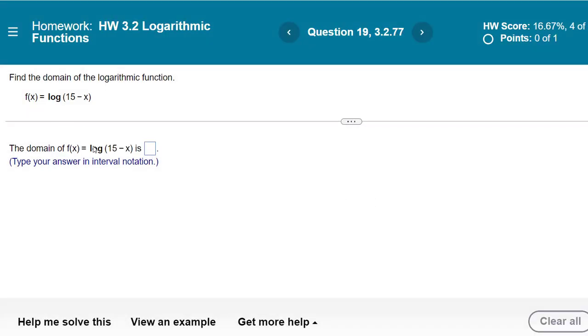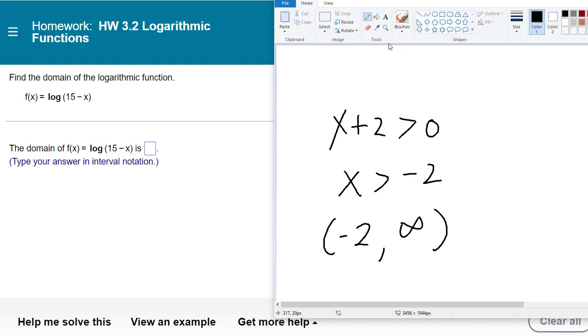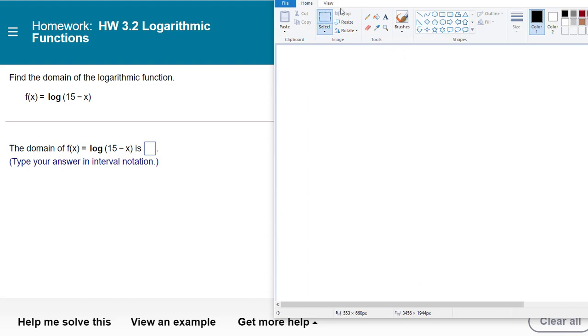Okay. The domain of this one, again, f of x is the log of 15 minus x. This argument has to be a positive number. So we say for this one that whatever's in the log, what you're taking the log of, 15 minus x has to be greater than 0. 15 has to be greater than x.